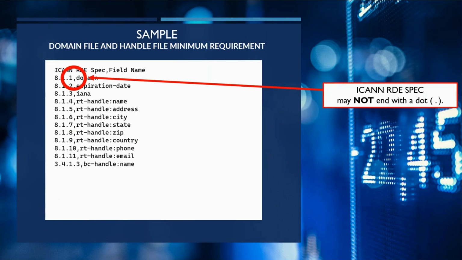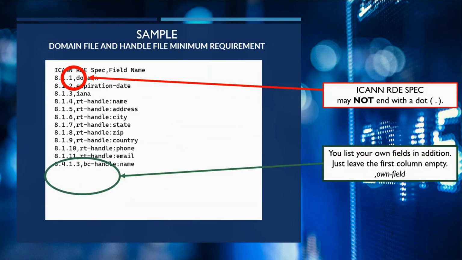It is important that the RDE spec numbers on the left may not end with a dot. And of course, you can add your own fields in addition, like this. For example, if you are storing the email address for your billing contact, or if you are storing name servers, you can add them here.